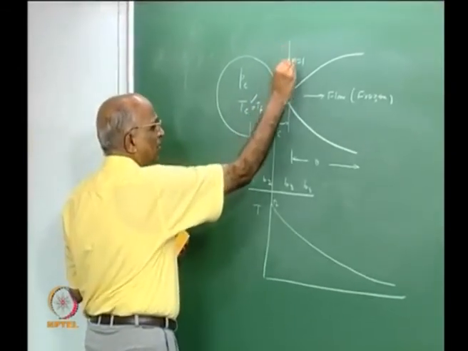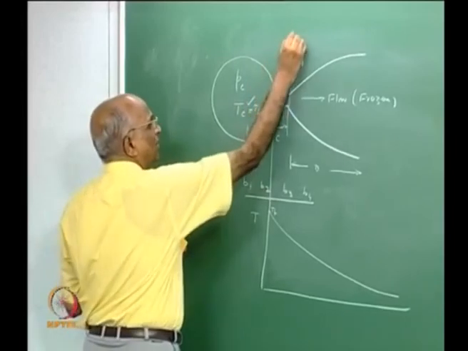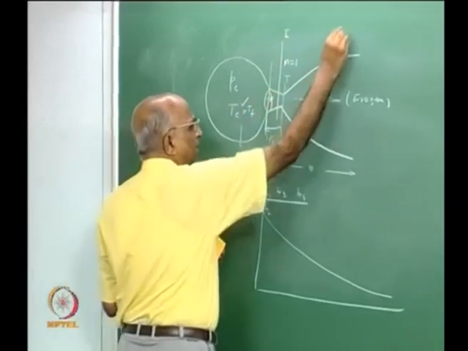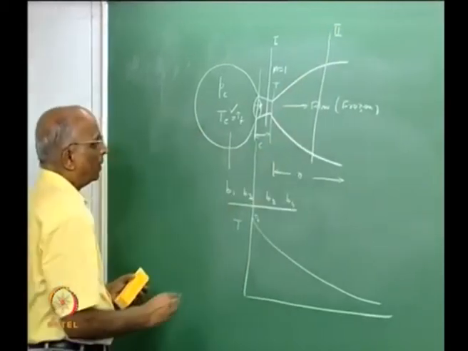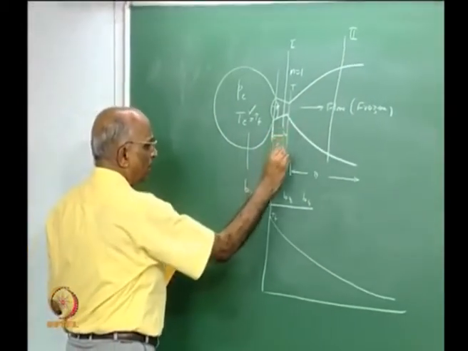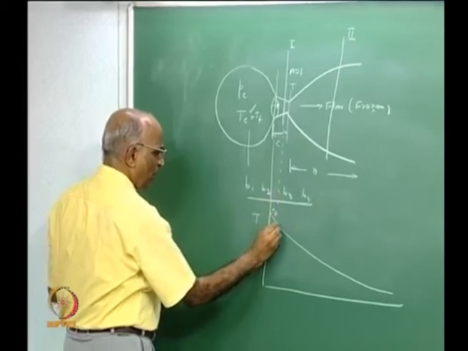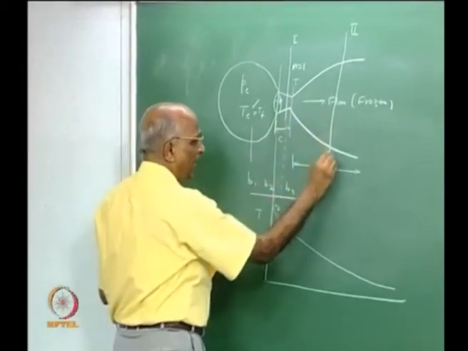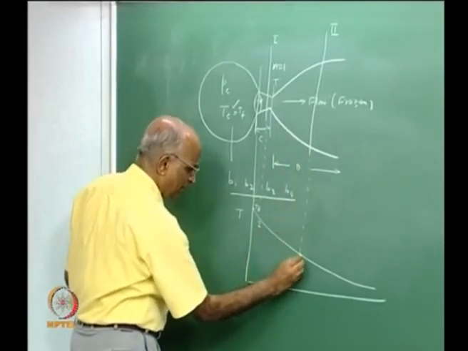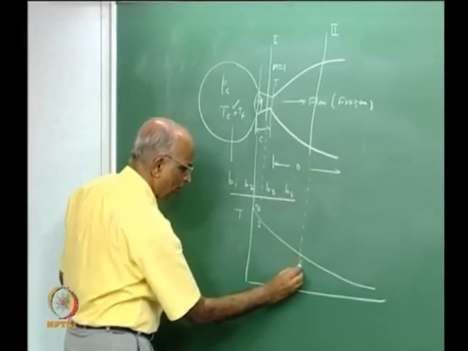Let me take a section over here, let us call it section 1, and let me take a section 2 over here, just to illustrate the phenomenon. That means this is my section 1 of the nozzle, in the convergent, and I again take a section in the divergent, this is 2.